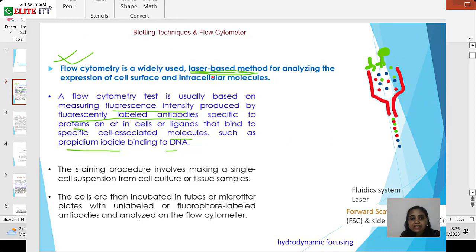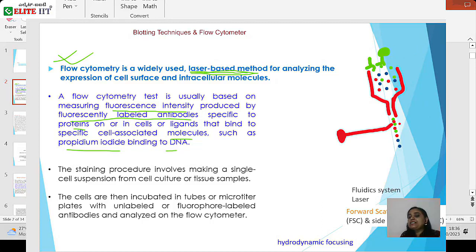Through the laser light we are detecting it, so there should be a laser light source. The light goes in, and mainly the green fluorescent compound attached to the antibody will be hit by it.